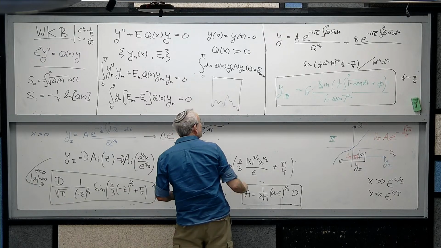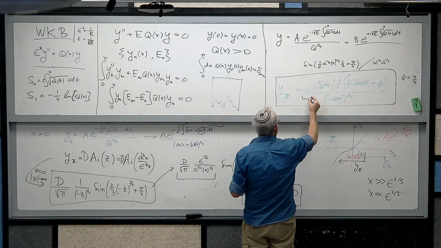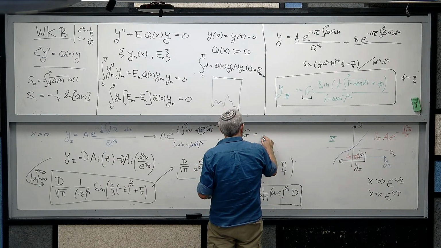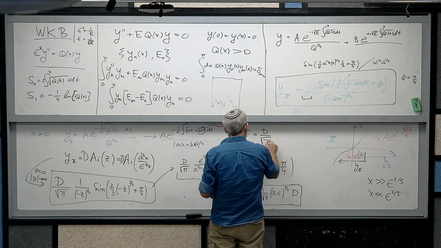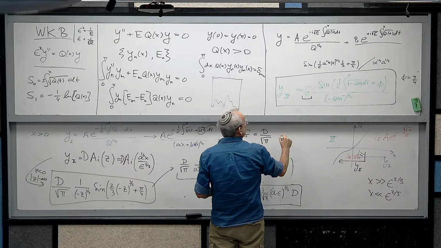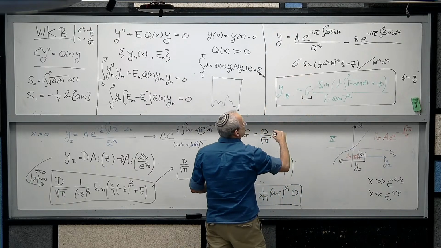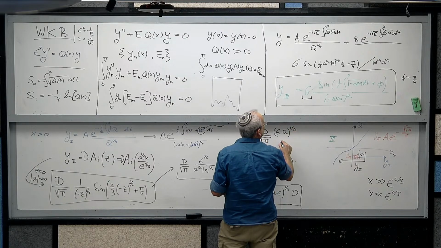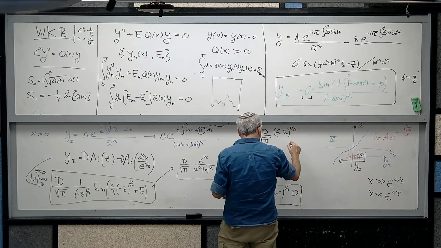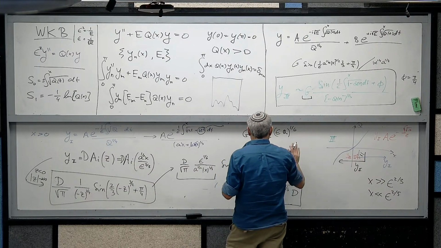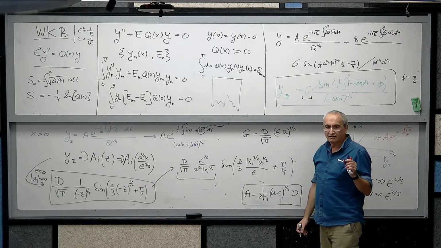We just have to make sure that this is equal to G. So we discovered that G is D divided by square root of pi times epsilon times A to the power of 1/6 times D. That's it.